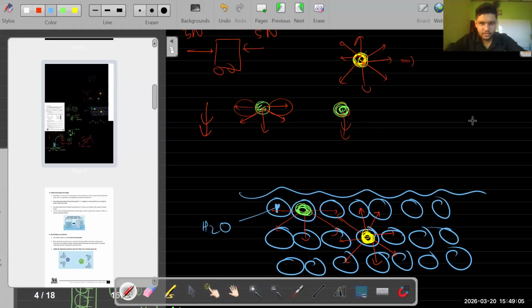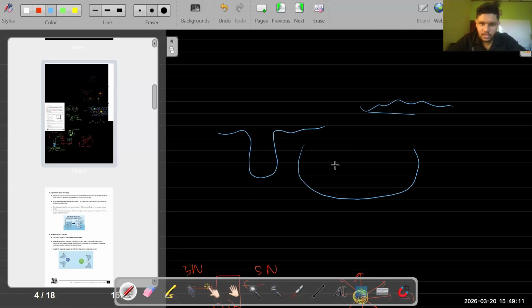Now, if you see here, we understood that the top layer molecules have a force downwards, each and every molecule. So if they are having a downward force, all of them will be pulled downwards and it will be getting a curve shape like this. Can you understand? Yes or no?